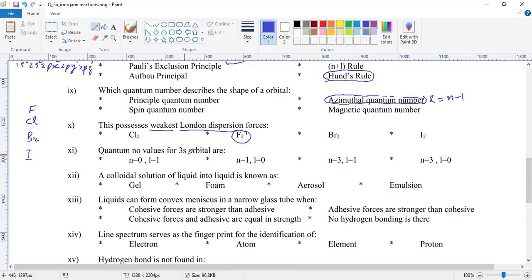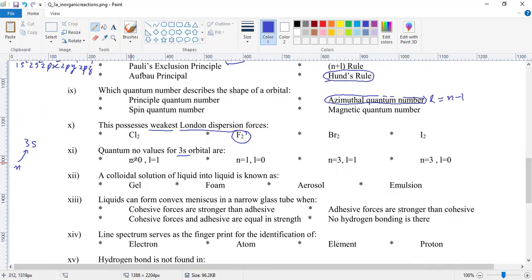Anyway, now the question on the possible value of the quantum numbers for 3s. How to do this question? See, n and l. So in 3s, this 3 represents the value of n.